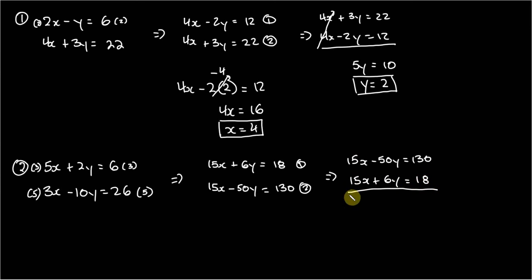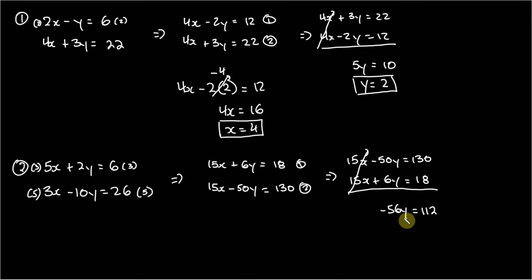So what does that get us? Well, the x terms cancel. That was the entire purpose of the first step, so that's good. Then we have negative 50y minus 6y, so we end up with minus 56y equals 130 minus 18, which gives us 112. Oops, it should be 112.